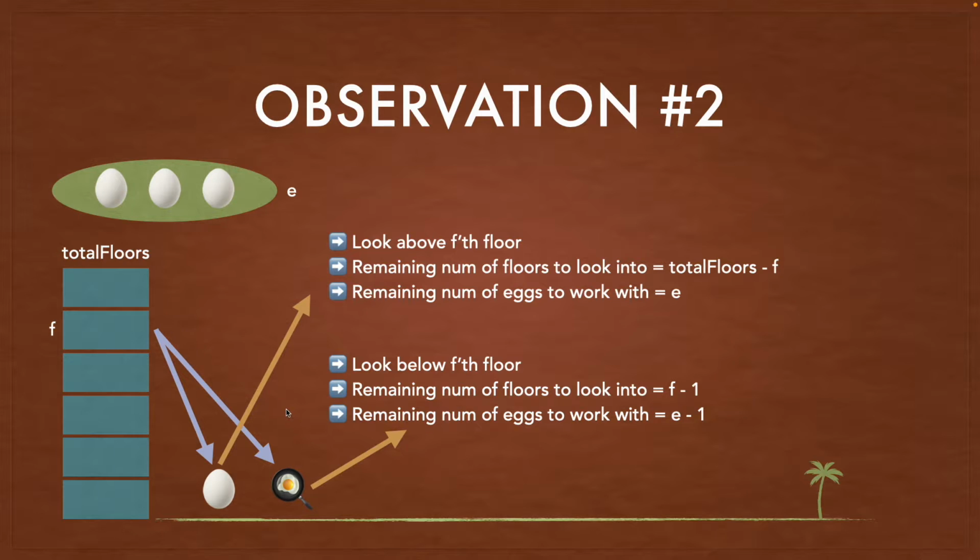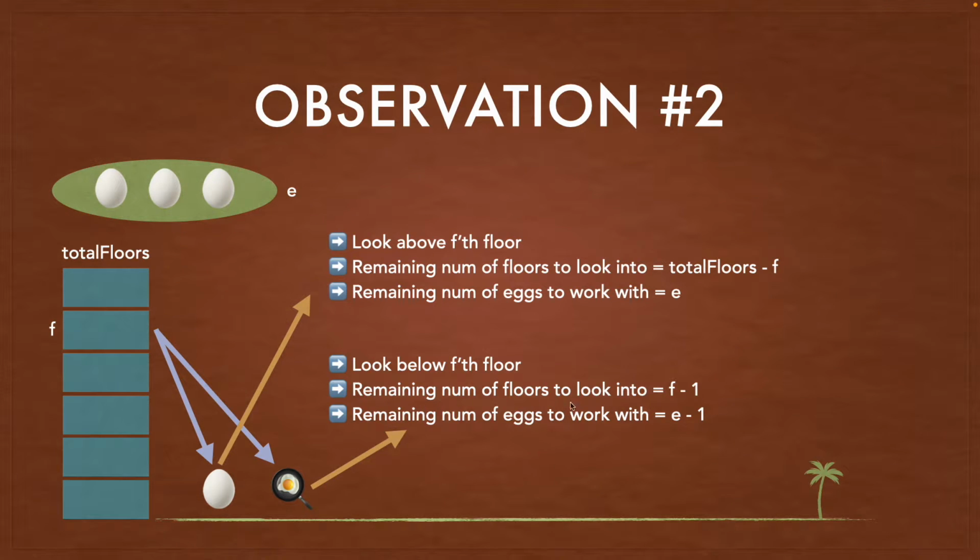Why? Because you're going to have to minimize the impact and see, does it break? Does it break? Over and over again. And there's going to be an algorithm for doing the same. But the thing is that you're going to have to look below the Fth floor, because the egg breaks if you drop it from the Fth floor.